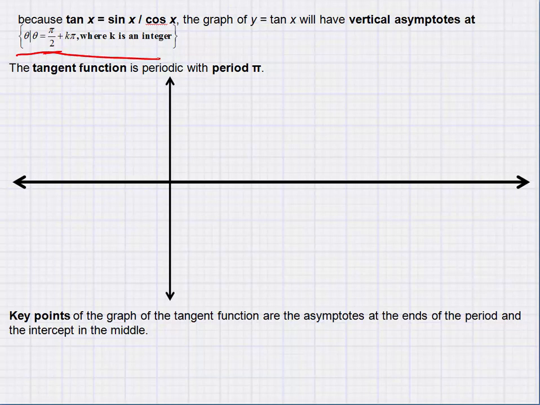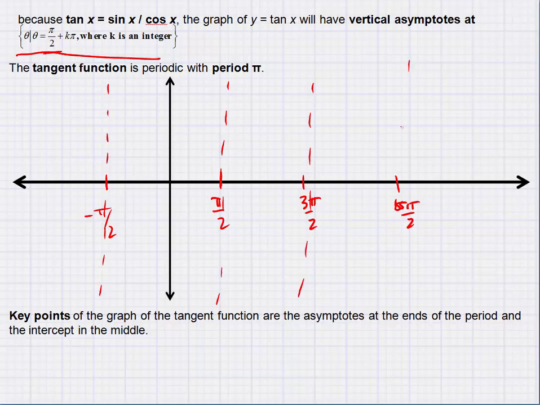So if I look at that and I say, okay, well here's, say, pi halves. Here's 3 pi halves. Here's 5 pi halves. Back here would be, say, minus pi halves. Okay. Each one of these values, I'm going to have a vertical asymptote. It's where tangent's undefined. I have one of these vertical lines. They should all be equidistant away from one another.